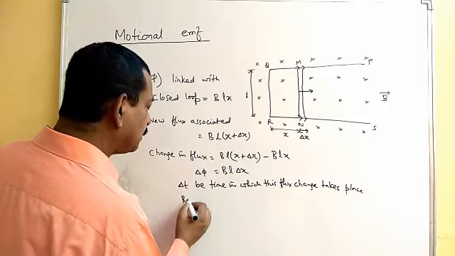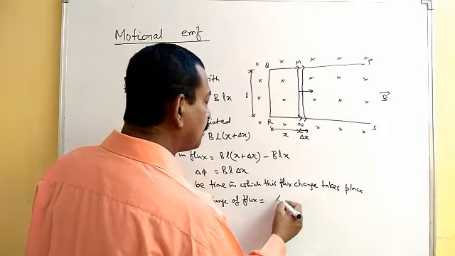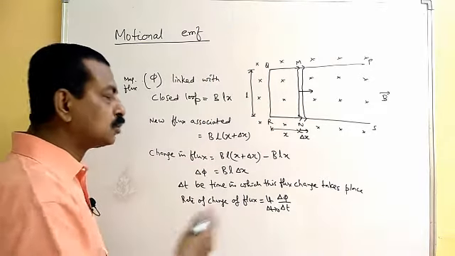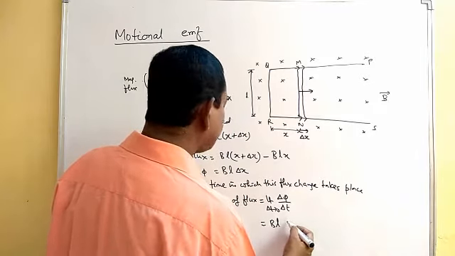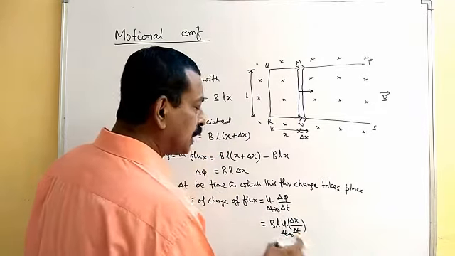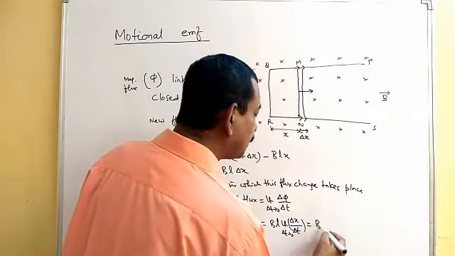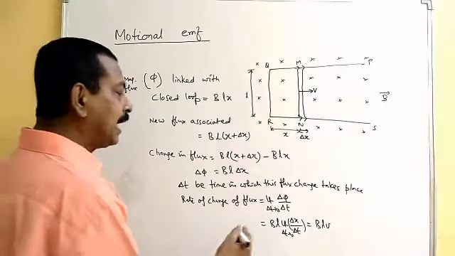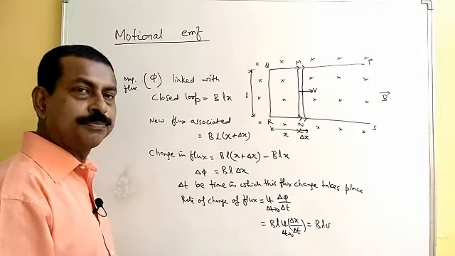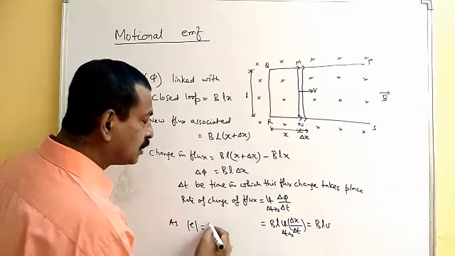The rate of change of the flux is delta phi by delta t, with the limit delta t tending to 0. That means we can write it as BL delta x by delta t, with the limit delta t tending to 0. Now this term, delta x by delta t with the limit delta t tending to 0, is v, the velocity with which it is moving. So the rate of change of the flux is BLv. And by Faraday's law, the EMF, magnitude wise, is the rate of change of flux.